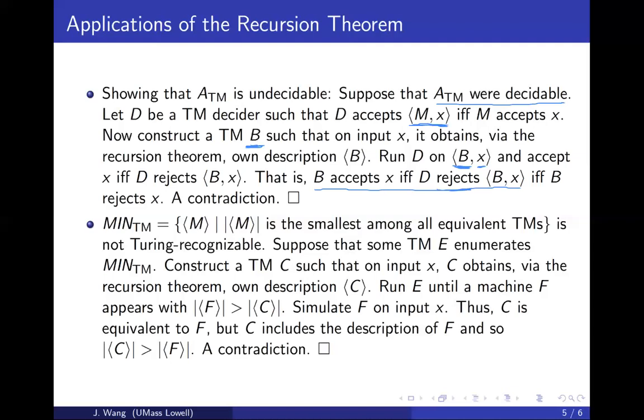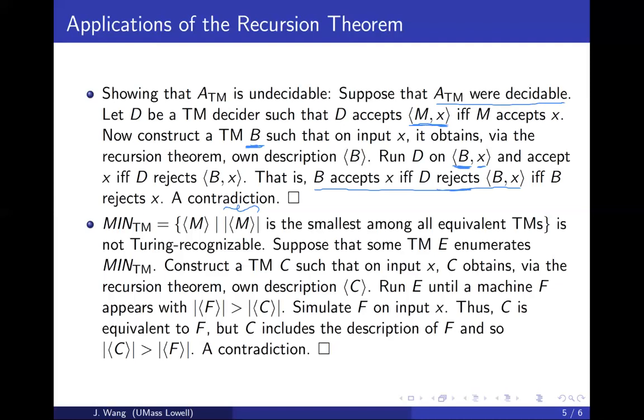Next, we're going to look at another language. There's MIN sub TM, which is the set of encodings of Turing machines where this double bar means the length of the description, and the length of the description is the smallest among all equivalent TMs.